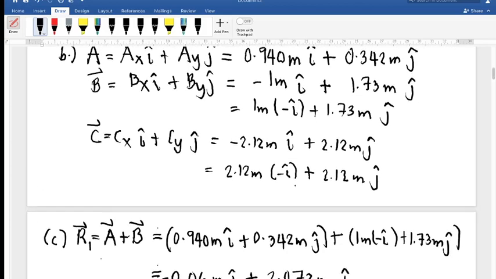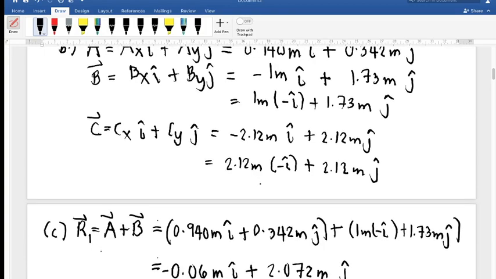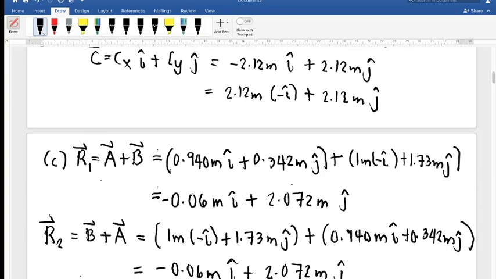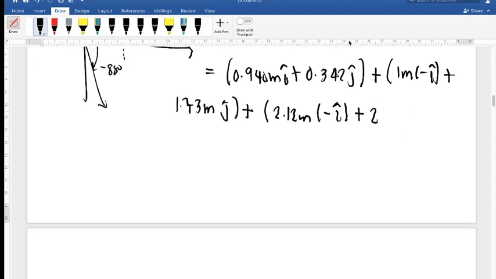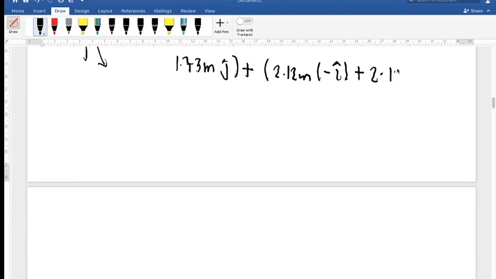So we have here 2.12 meter negative i hat plus 2.12 meter j hat. Then proceed to addition.